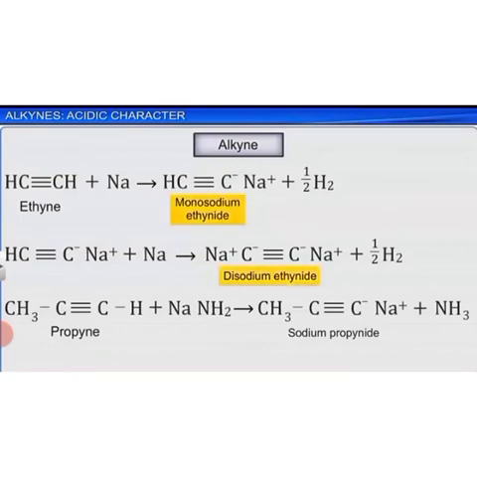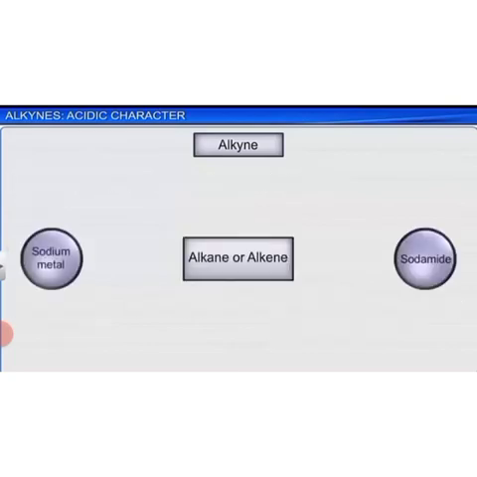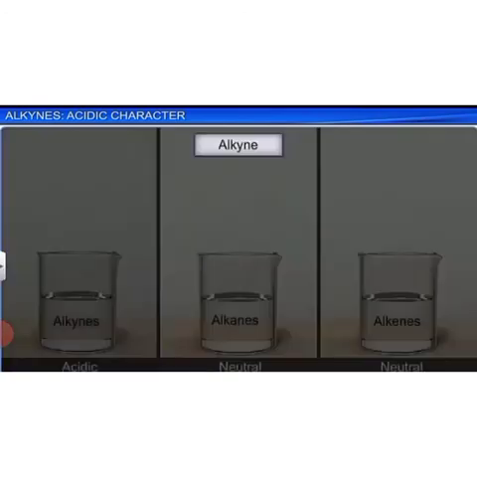Similarly, propyne with one hydrogen atom attached to a triple bond carbon atom, on reaction with sodamide, forms sodium propynide. Sodium metal and sodamide are strong bases and do not react with alkanes or alkenes, as they are not acidic. This shows that alkynes are more acidic in nature than alkanes and alkenes.